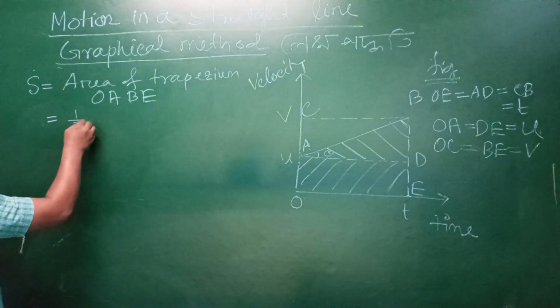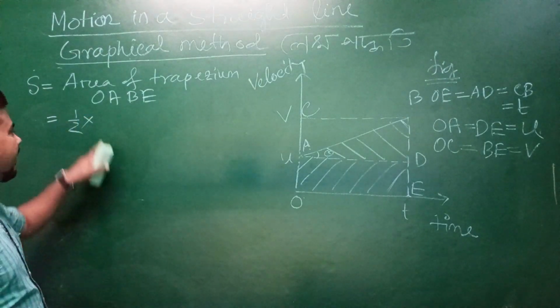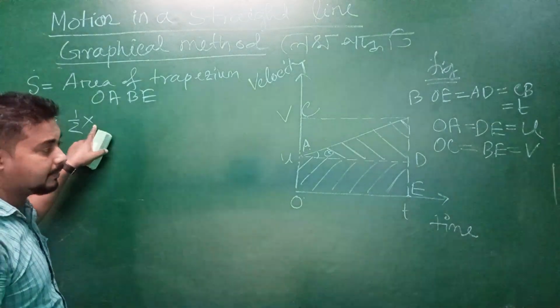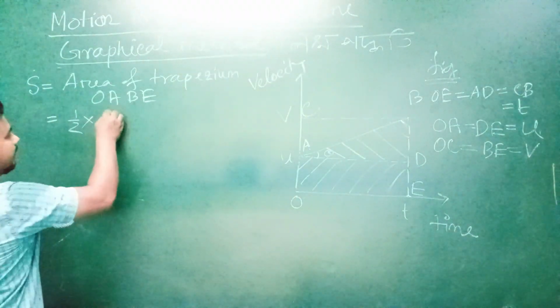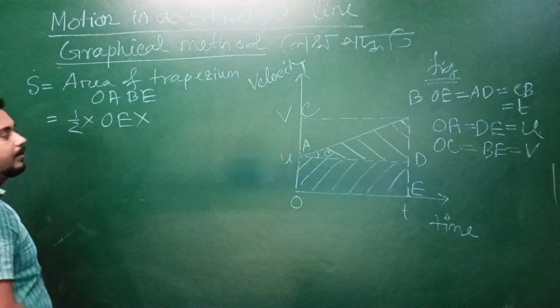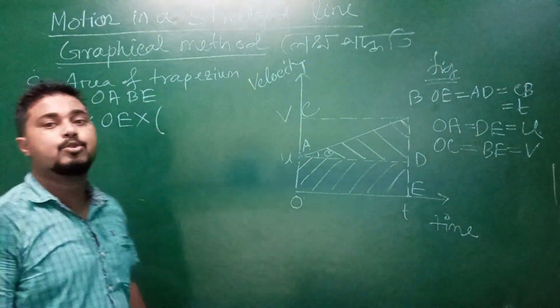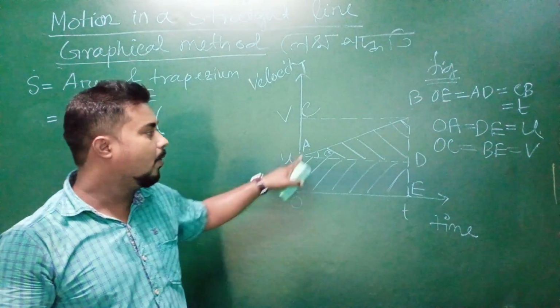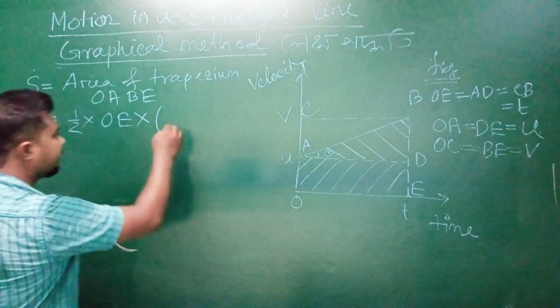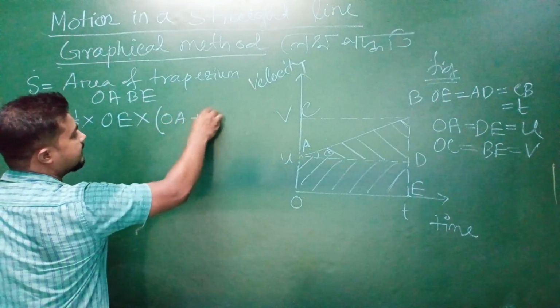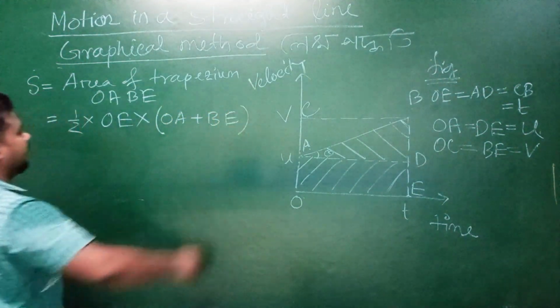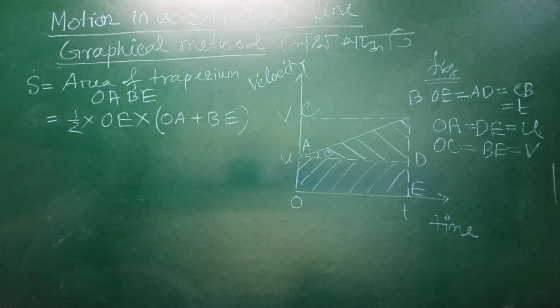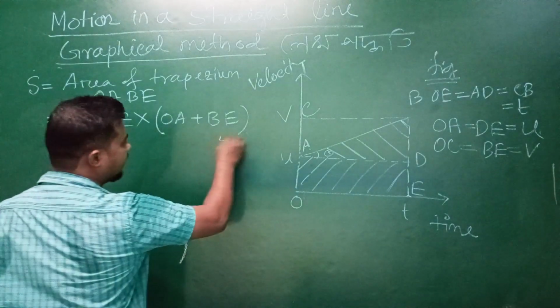So it will be half into the height of the trapezium, which is OE, into the sum of the two parallel sides, means OA plus BE. I hope you are getting this point. We call this equation number 1.